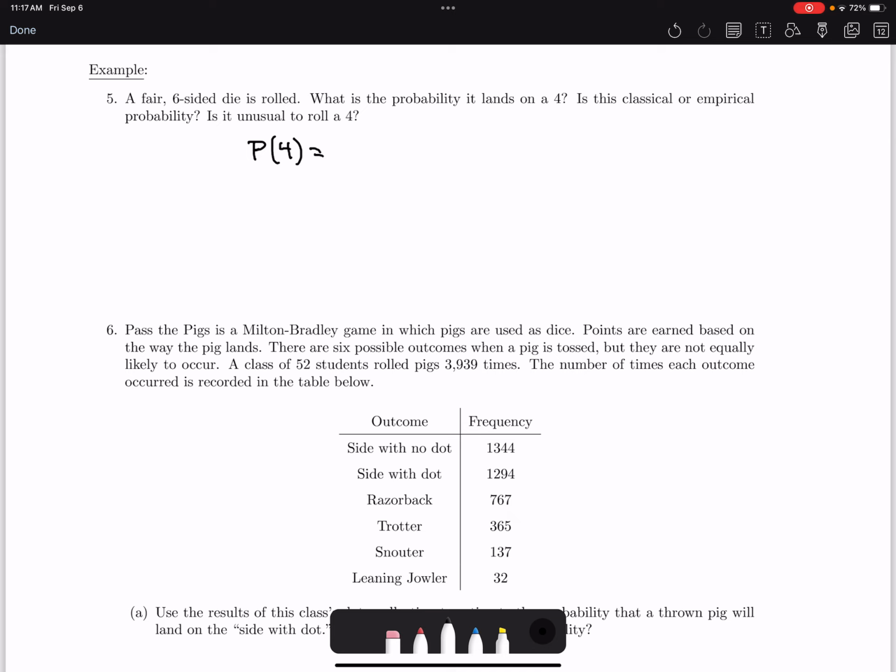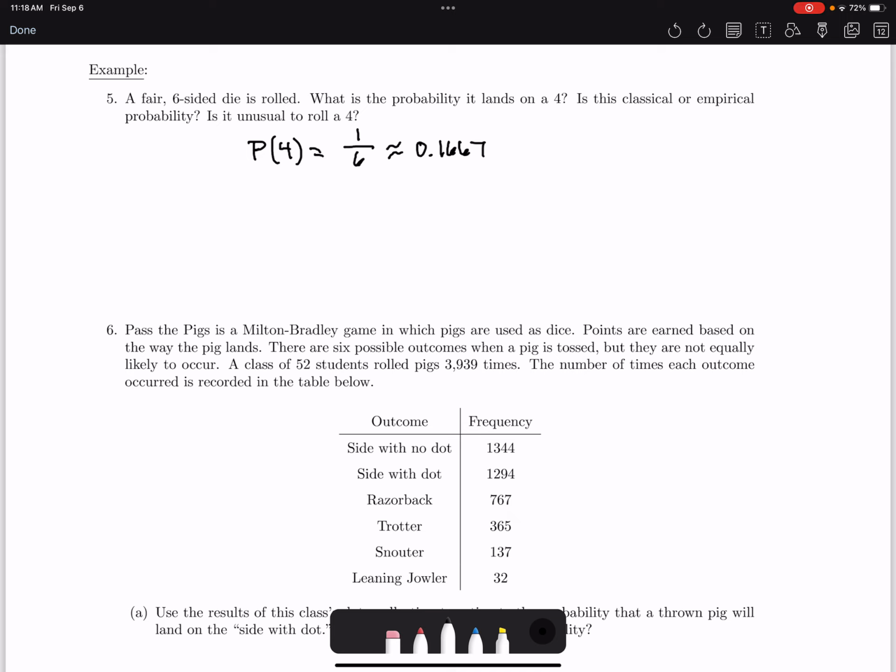On a standard six-sided die, there's only going to be one 4. So the probability of rolling a 4 is 1 out of 6, because there are 6 possibilities on a die. We just changed this into a decimal on a different problem a second ago, but this is approximately 0.1667.